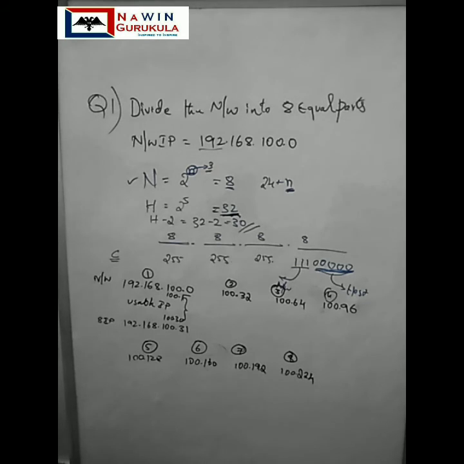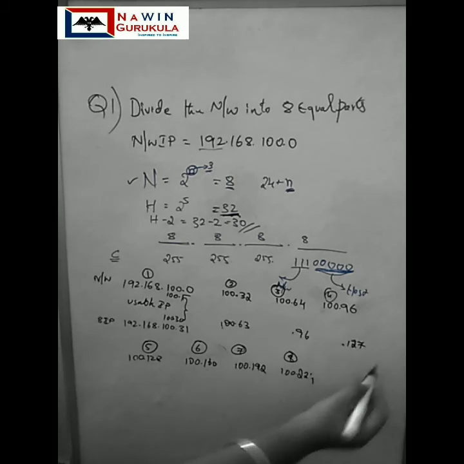Similarly, you can write the broadcast IPs. The broadcast IP is very simple. Consider the next network IP, and the previous IP of that will be your broadcast IP. So in this case, 100.63, for .96 it is .95, for 128 it is 127.